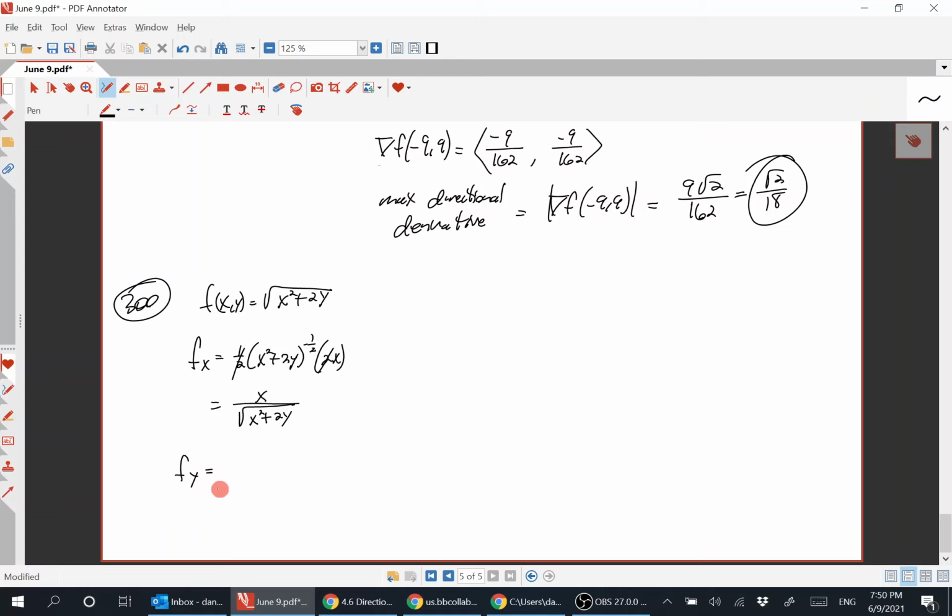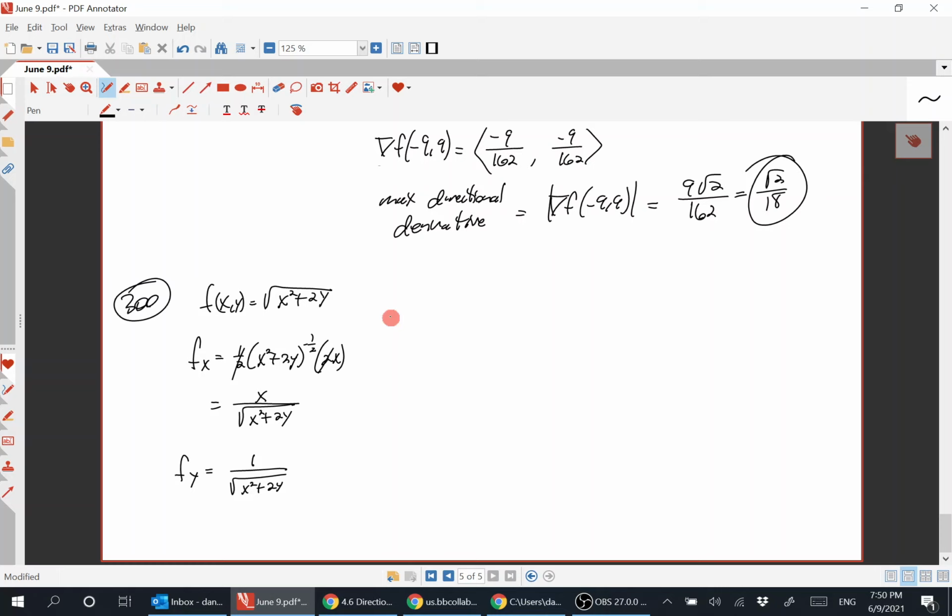Fy, we're going to get something similar. It's just going to be 1 over the square root of x squared plus 2y, because you're still going to get this expression, but the partial derivative of the inside is just 2.